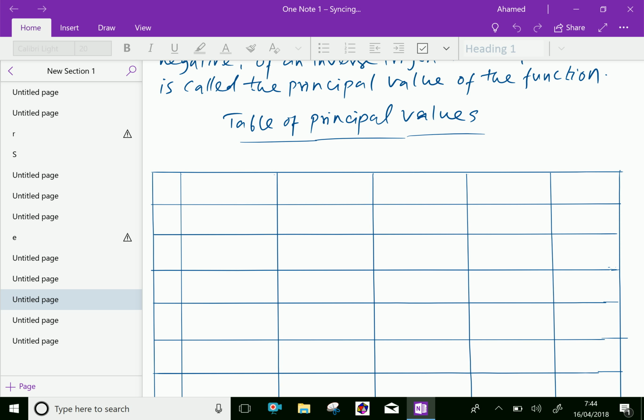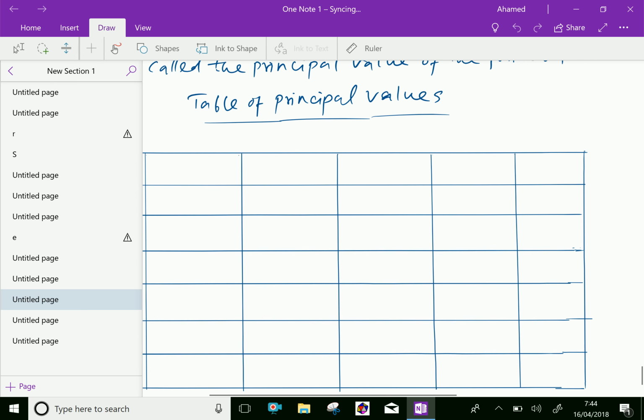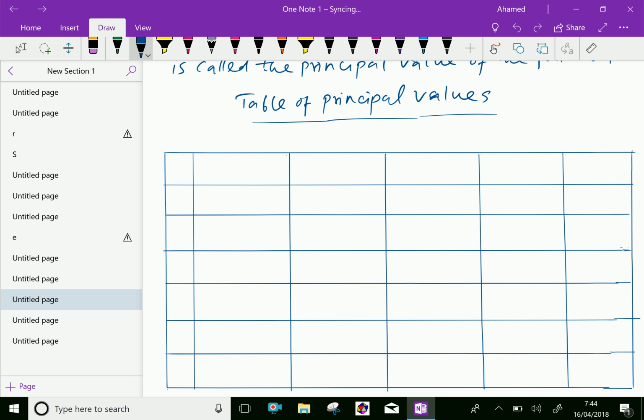Here, first, number, functions, principal value, for x is greater or equal to 0. Function first is, next one is domain.